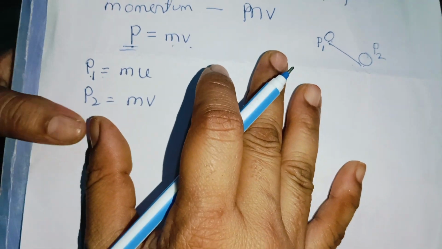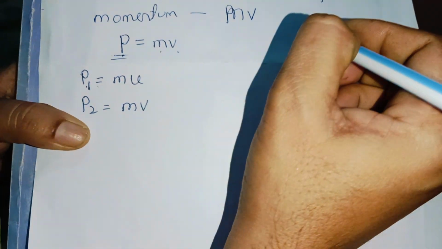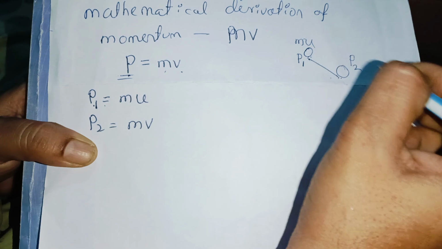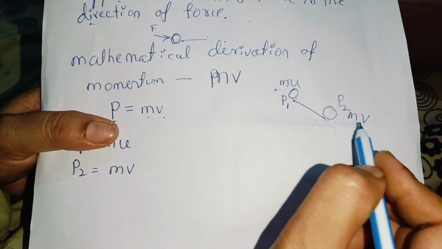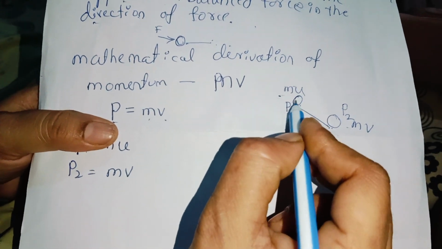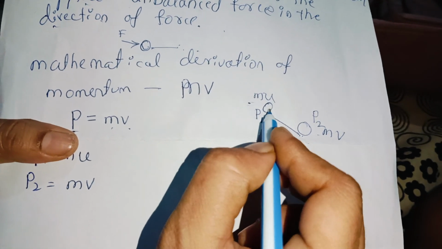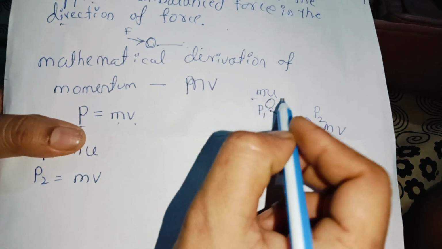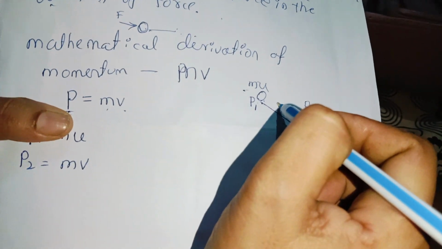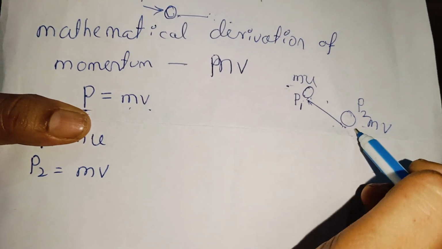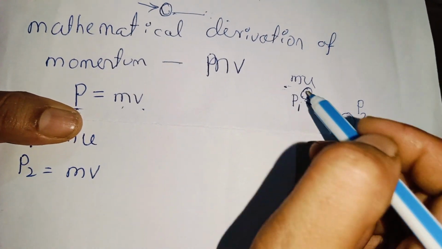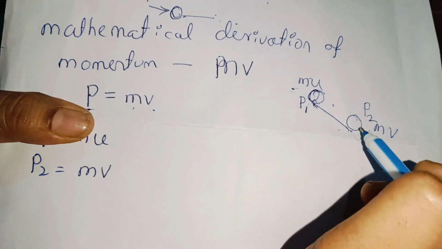Here P1 is equal to m into u, P2 is equal to m into v. Here m is common for both because there is no change in the mass of the object. That's why the ball's mass is the same in this momentum.